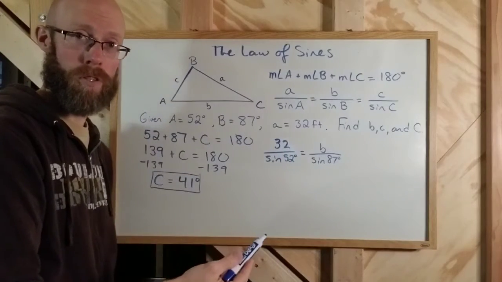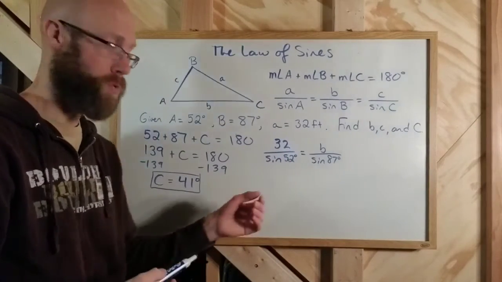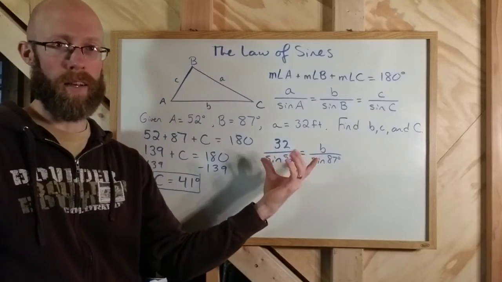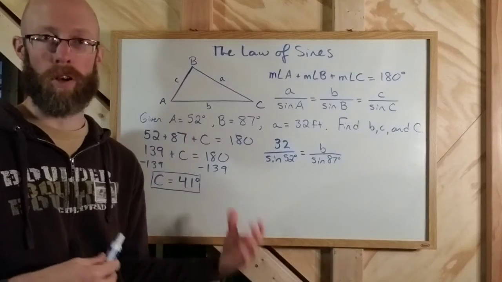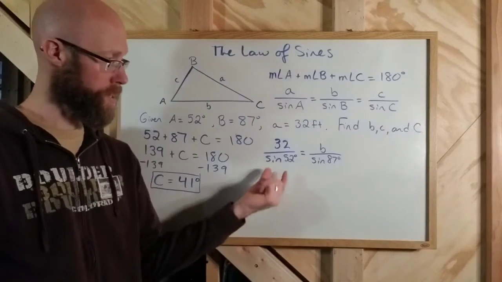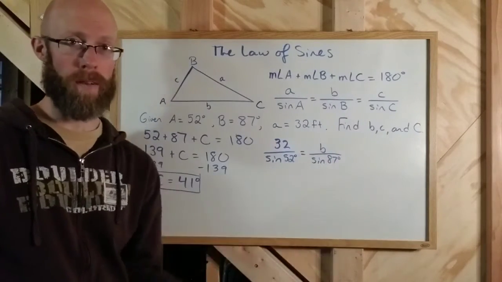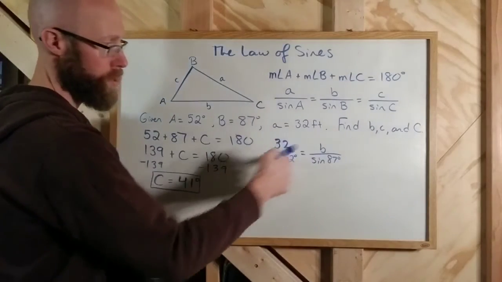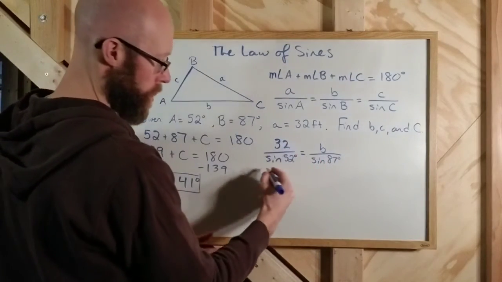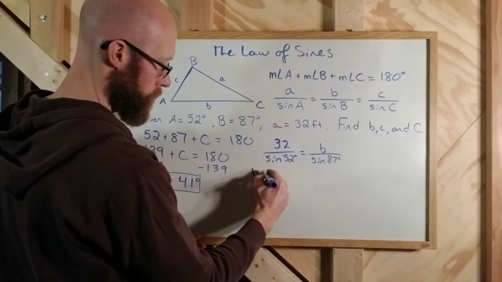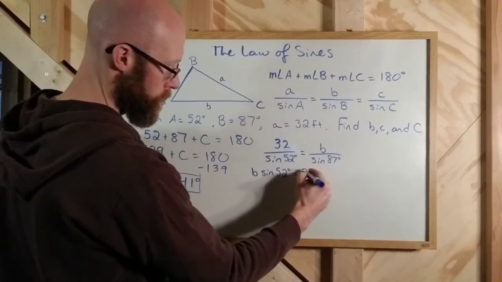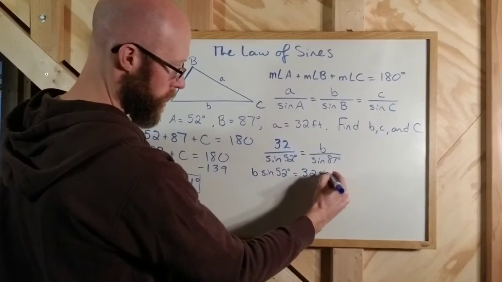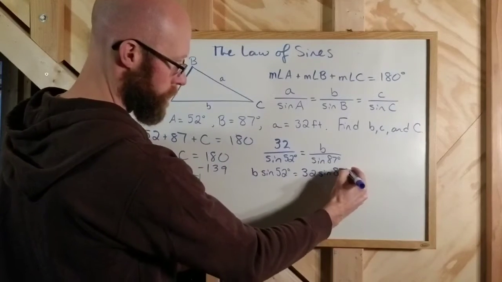Now with proportions, there's a couple different ways to solve. One is you could multiply both sides by the LCD. Okay, that would work, but it's a little bit quicker, gets you to the same place, to just cross multiply. Okay, so with proportions you can cross multiply. It'd be b times the sine of 52 equals 32 times the sine of 87.